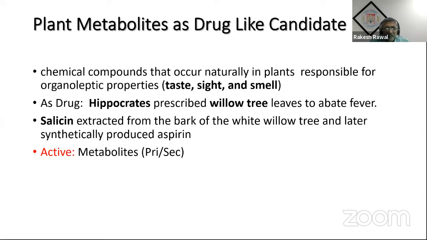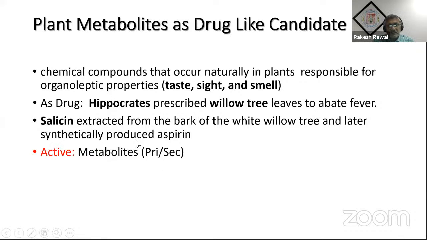And this salicylate is currently salicylic acid or aspirin. It came into the market as a drug. So how can one get from a farm to a drug? This is one of the best examples.